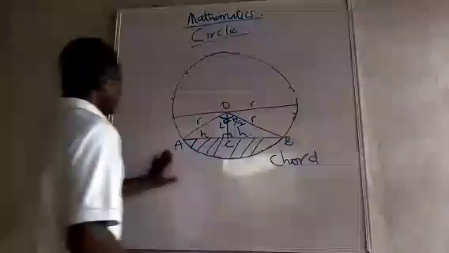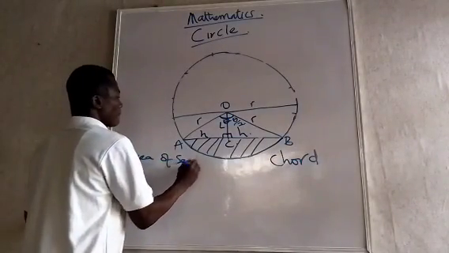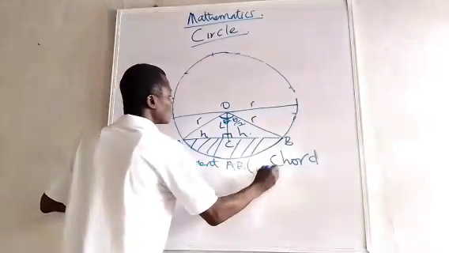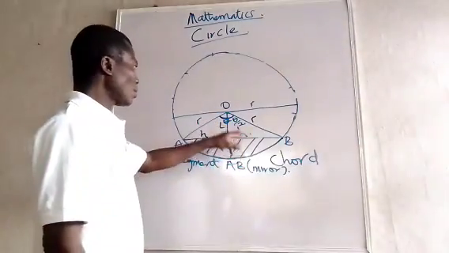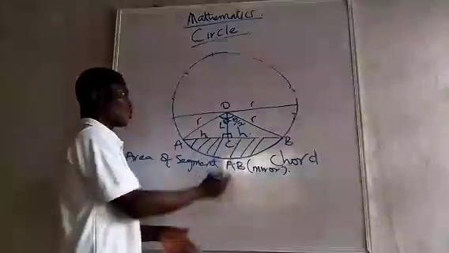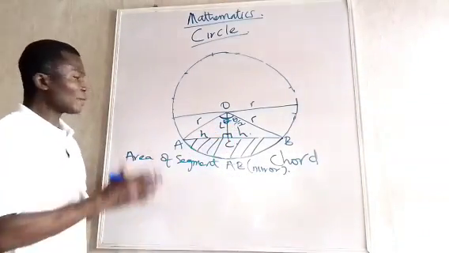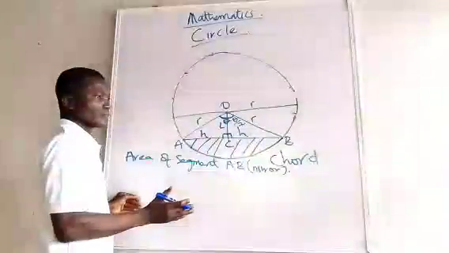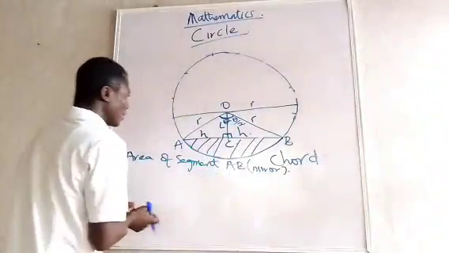Now, trying to find the area of segments AB, the minor segments. Since we have shown that if you are given AB or the distance from center to AB, you can find this angle, I can find the area of this sector. I can even find the area of this triangle as well. So let's try to find the area of the minor segment.